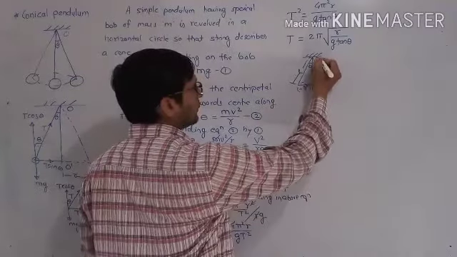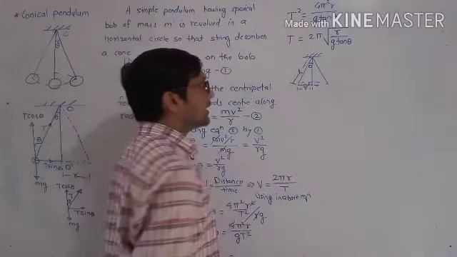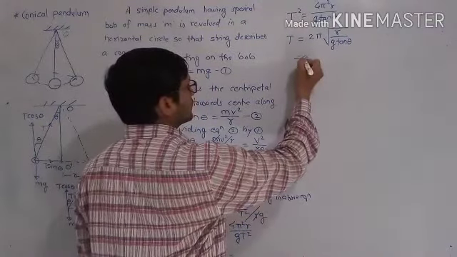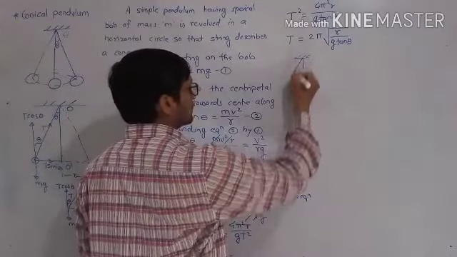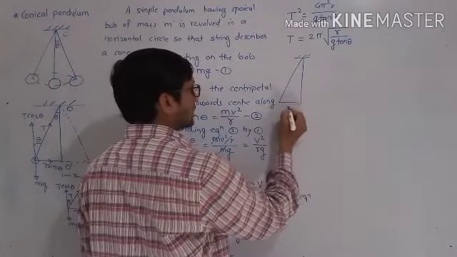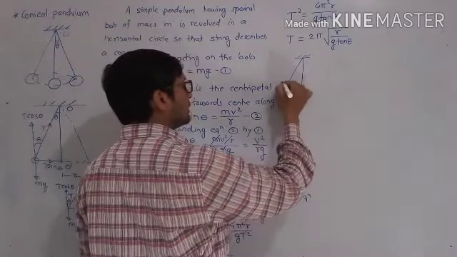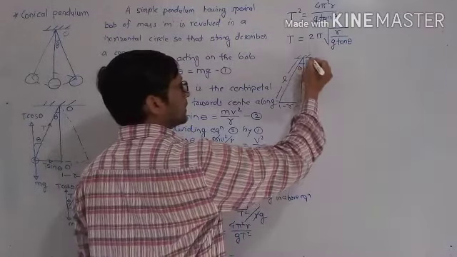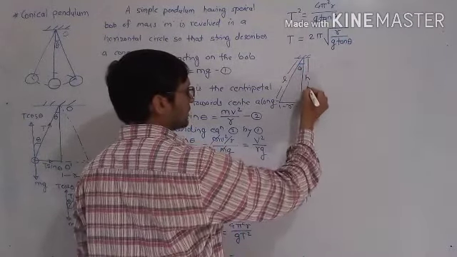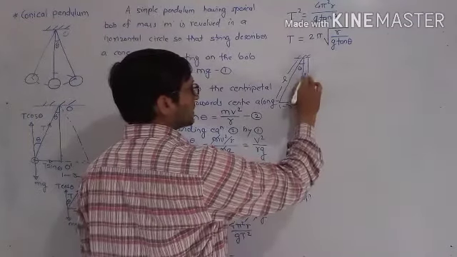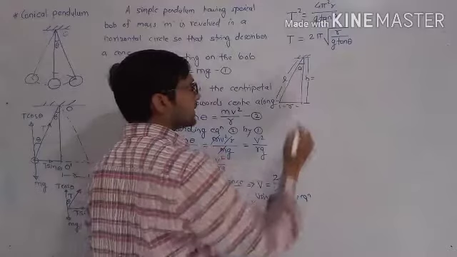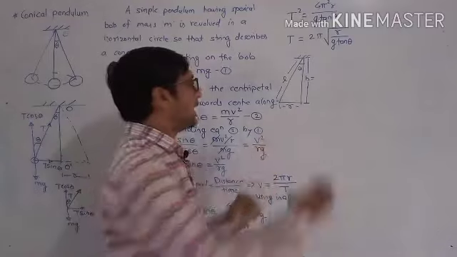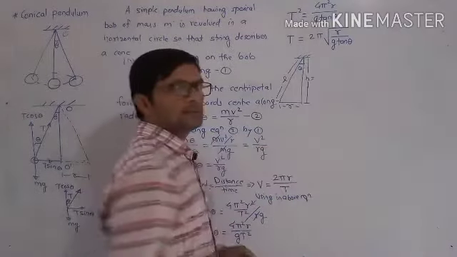If you consider this as a right angle triangle, this is r, radius of the circle, this is L, length of the string, this is theta, and this is considered as h. Now r is the opposite side, L is the hypotenuse and h is the adjacent side.